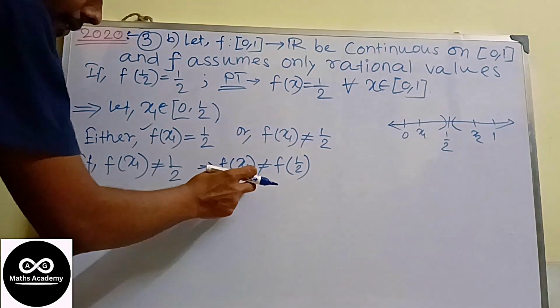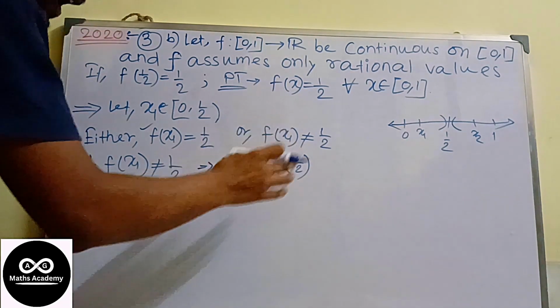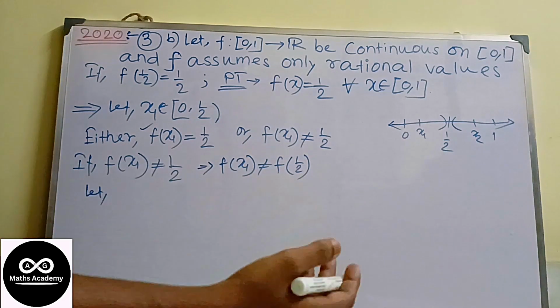So as they're unequal, there must be a real number between them.